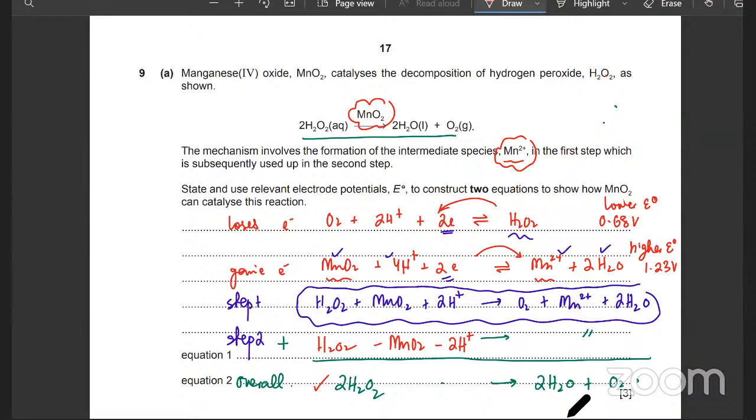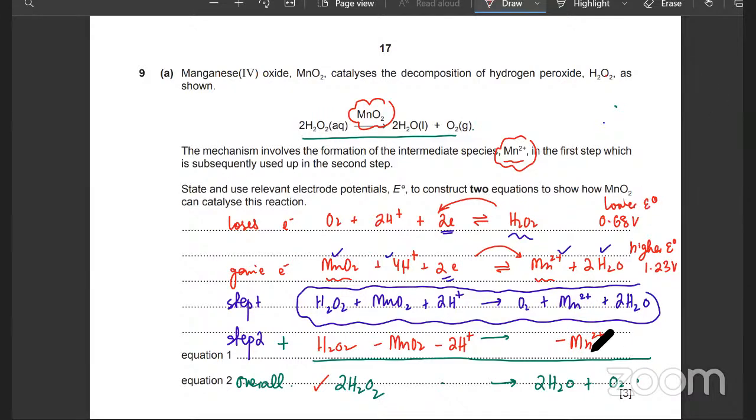The two water molecules, that's fine. That should be here. And you got an oxygen molecule that's also here, but there should not be any Mn2 plus. So you don't need that in this particular step. I need to subtract the Mn2 plus. The second step would be the one where the Mn2 plus is going to get used up. It's going to get subtracted.